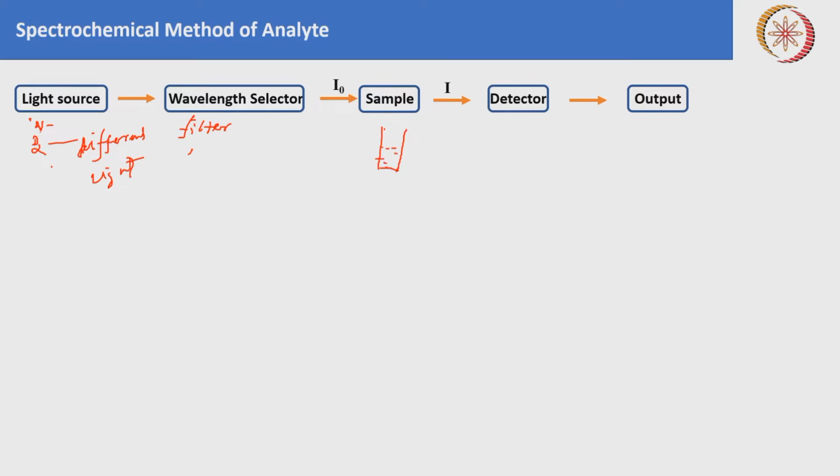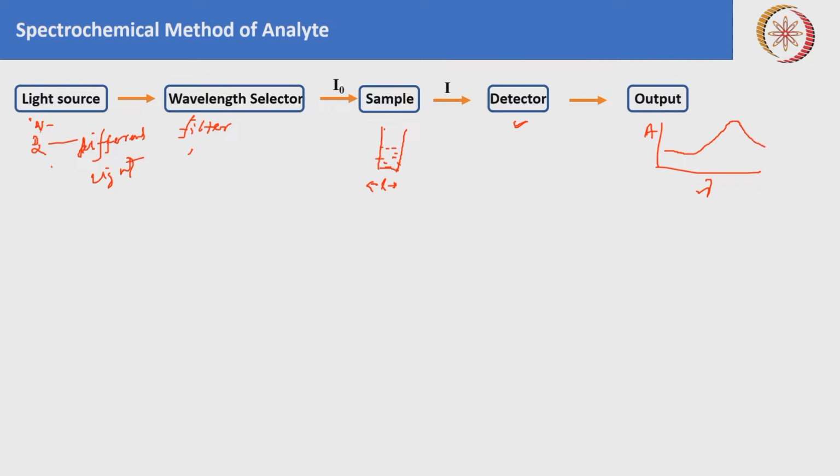Here you have the sample, basically in a cuvette, a colored sample. I0 is the incident light, and the path length is L. After absorbance, the transmitted light I reaches the detector, and the spectra we get is absorbance as a function of wavelength.